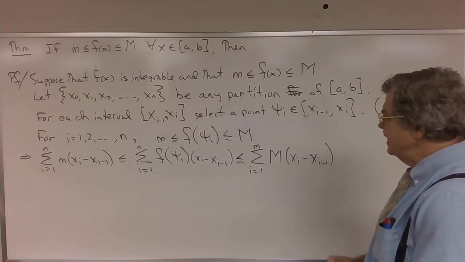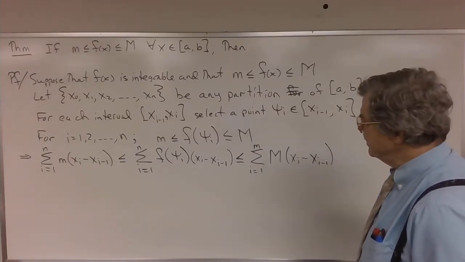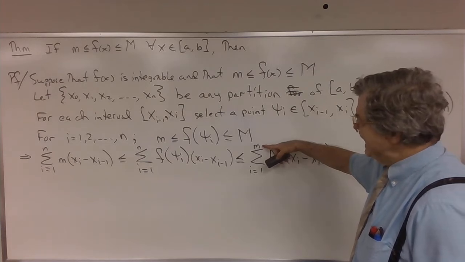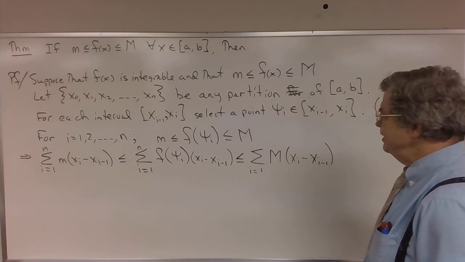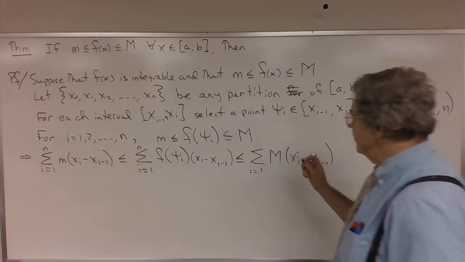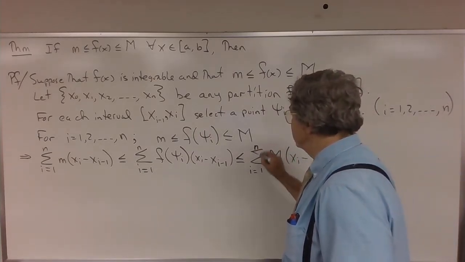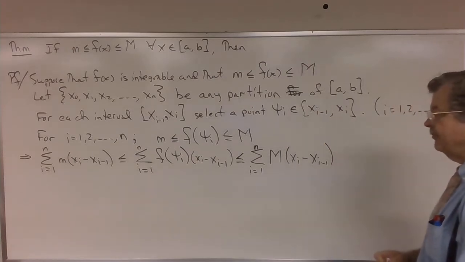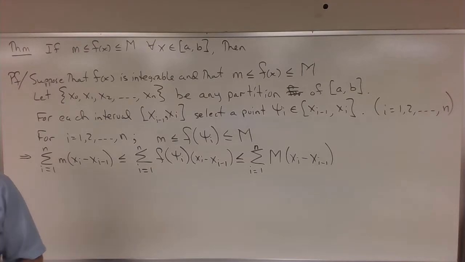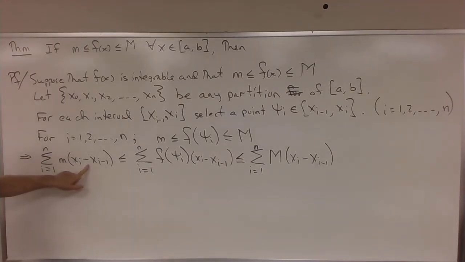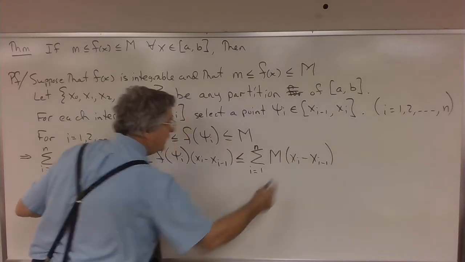There's one thing I have to correct here. This upper limit is n, as in Nancy, not m as in Margaret. There we go. This thing, x sub I minus x sub I minus 1, is the same in each expression.